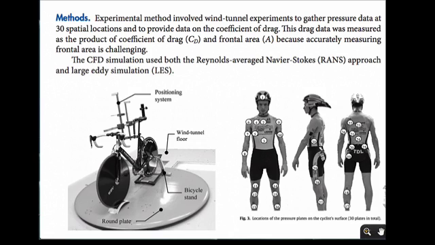The authors describe their numerical methods, and they tell us we're going to use two techniques, the Reynolds-averaged Navier-Stokes and large eddy simulation, and we're going to use both these techniques and then compare these numerical predictions with the wind tunnel data. So the methods themselves on the surface are really quite simple, and in the paper they give us all the critical detail, which is of course very important.